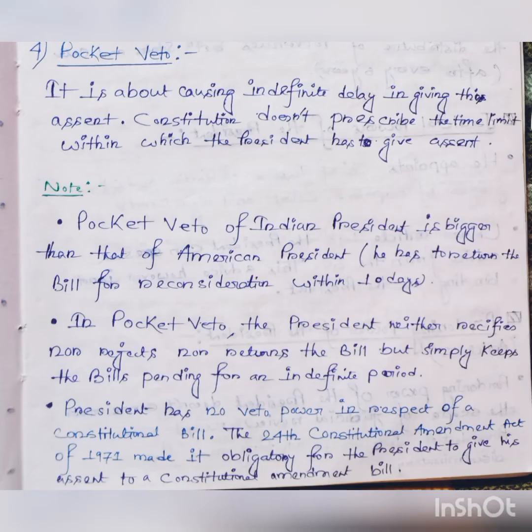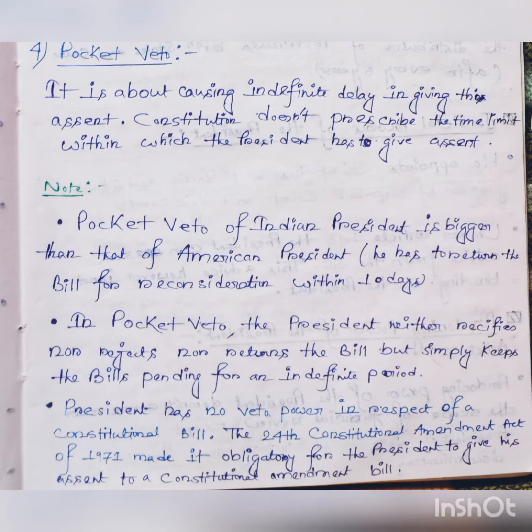Number 4, pocket veto. It is about causing an indefinite delay in giving assent. The Constitution does not prescribe any time limit within which the President has to give assent. Note, the pocket veto of the Indian President is bigger than that of the American President.